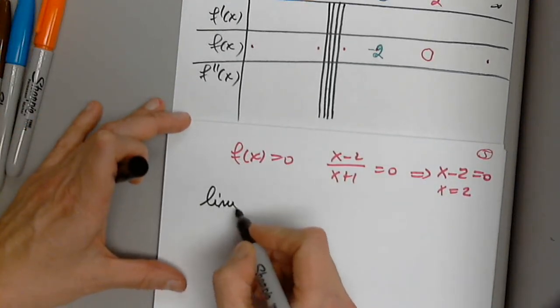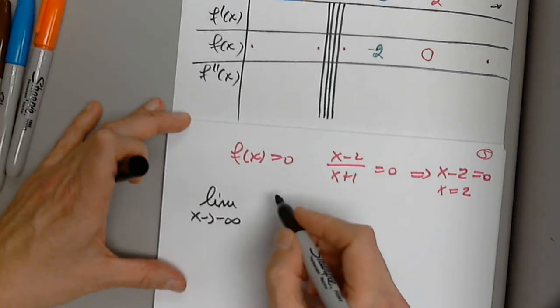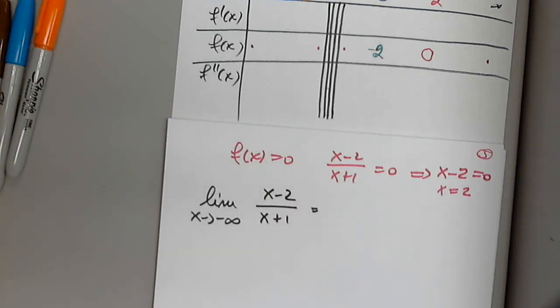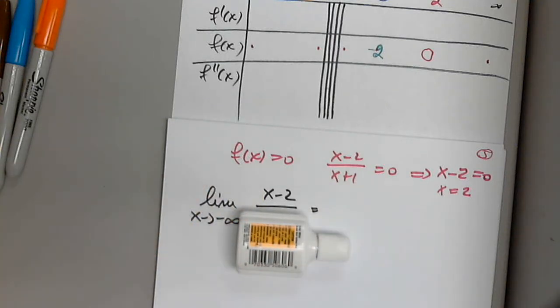So limit as x approaches negative infinity of x minus 2 over x plus 1. Now look at the numerator and tell me the degree. The degree is 1, right? It's a linear expression. x minus 2 is linear.